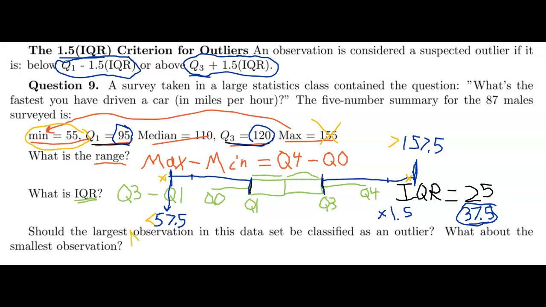Largest? No. Too small. It didn't break out. Nope. Smallest? Yes. It did break outside that rule. Take a look at the diagram.